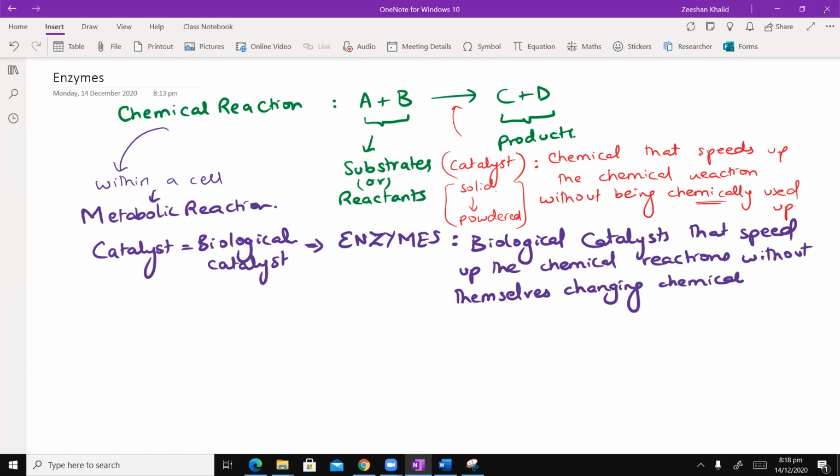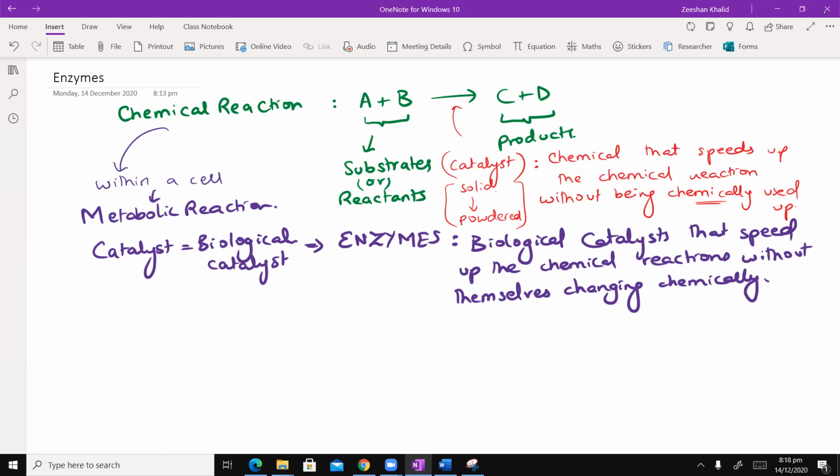Okay, so that's a classical way of defining enzyme. Asal mein to you only need to know the definition of catalyst and enzyme, but again, I thought it was appropriate that we set all of this context. Okay, without themselves being chemically used up during the reaction.